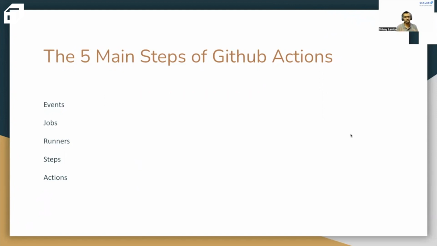Essentially the workflow will have one or more jobs that could either run in a sequential order or in parallel. Now, each job will run inside of a virtual runner, or what we call a container. Essentially, it's a Docker container, or it is your self-hosted container.